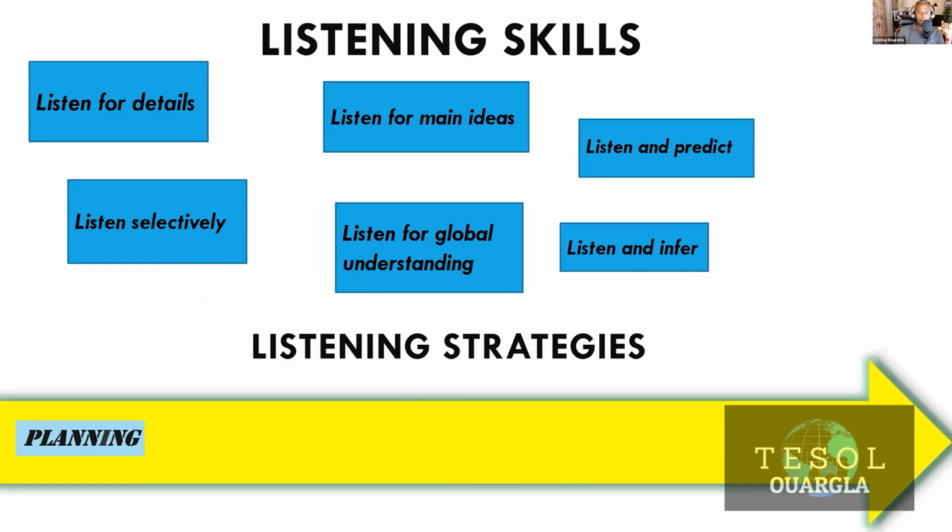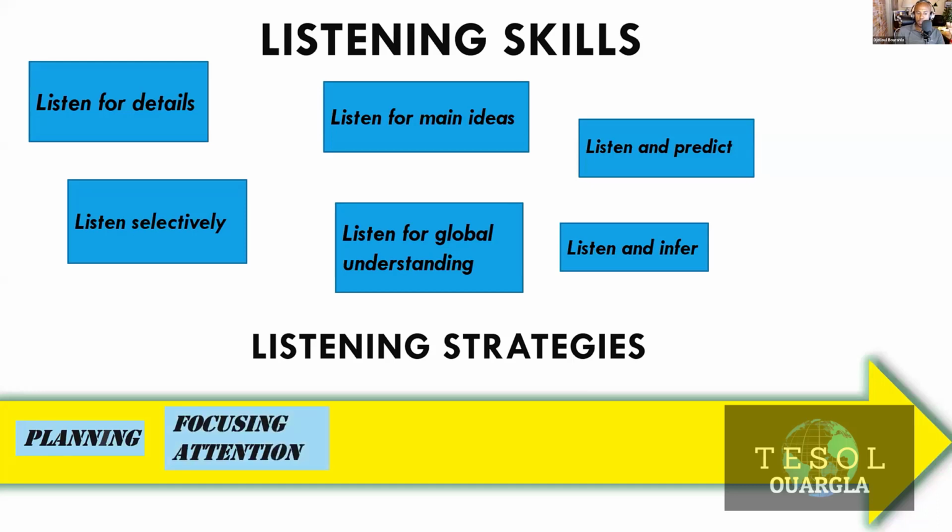So these are planning. Now, planning as a strategy is developing an awareness of what needs to be done and having an action plan to overcome the possibilities that you might encounter in the listening.